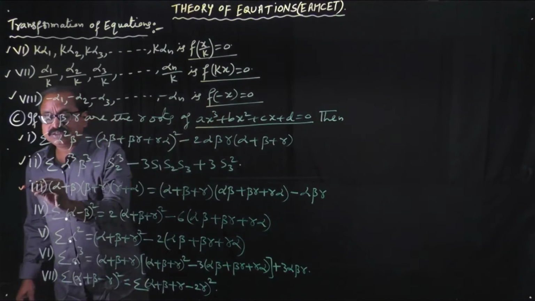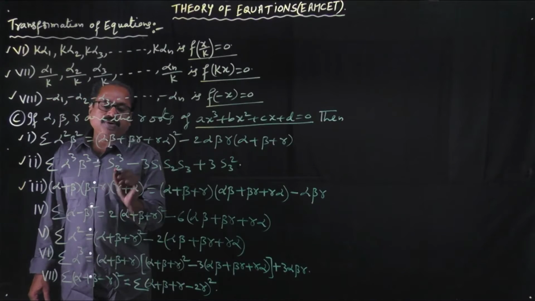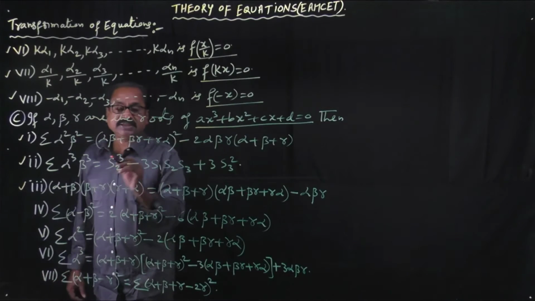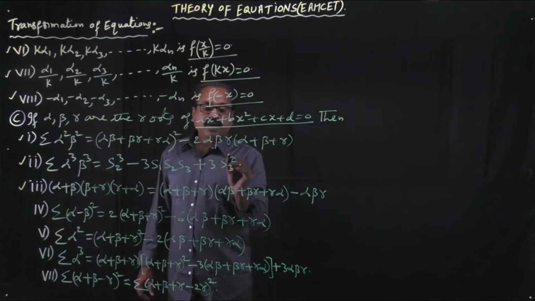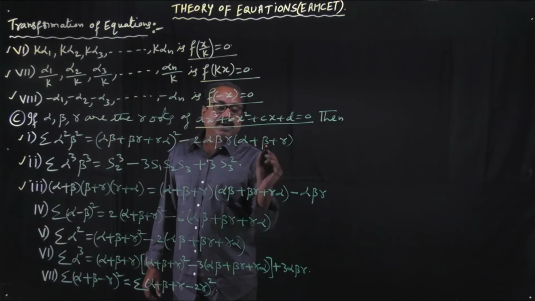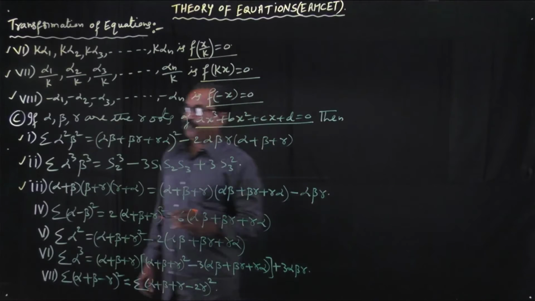So third one is alpha plus beta into beta plus gamma into gamma plus alpha can be written as alpha plus beta plus gamma into alpha beta plus beta gamma plus gamma alpha minus alpha beta gamma.